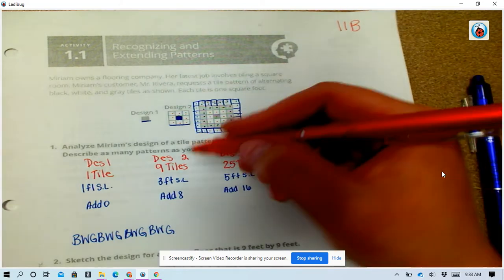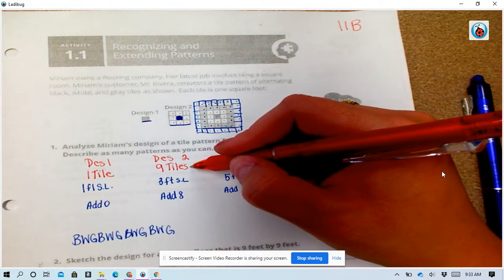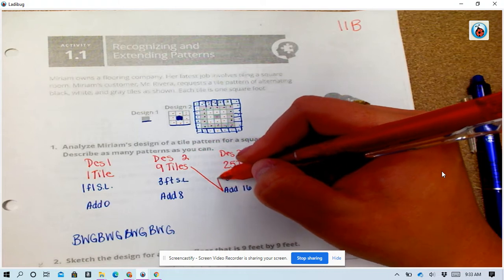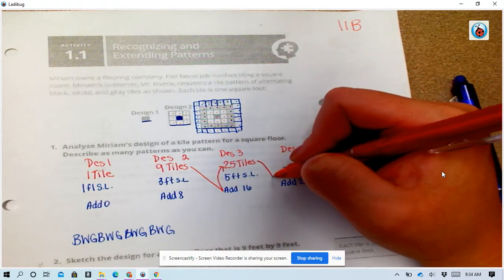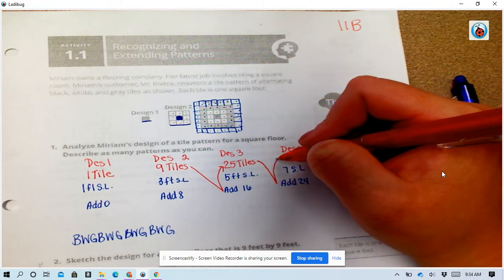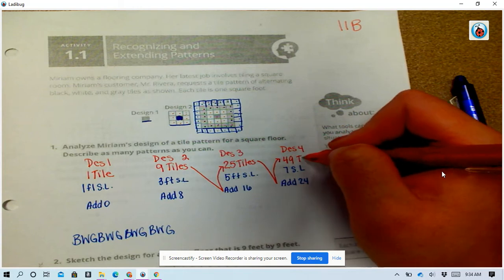Well, I'm going to cheat, not really cheat, but do the math. So in design 2, we had 9. We added 16. We got to 25. So I'm going to have to take 25, add 24. That means you would have 49 total tiles.